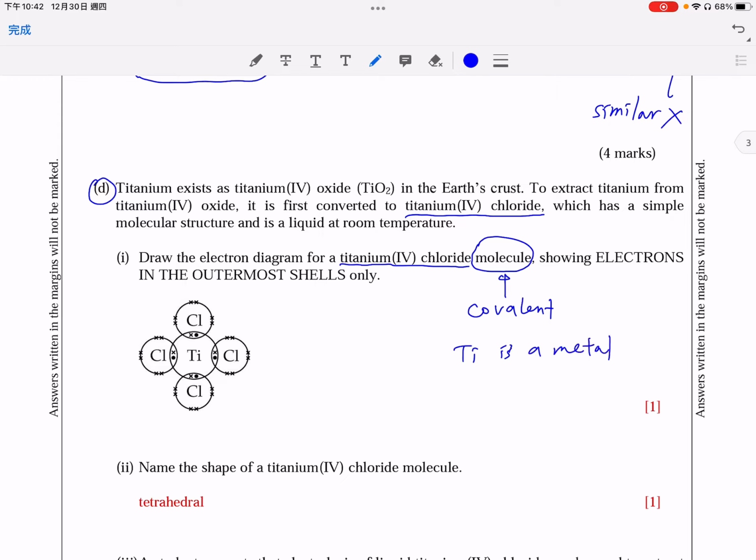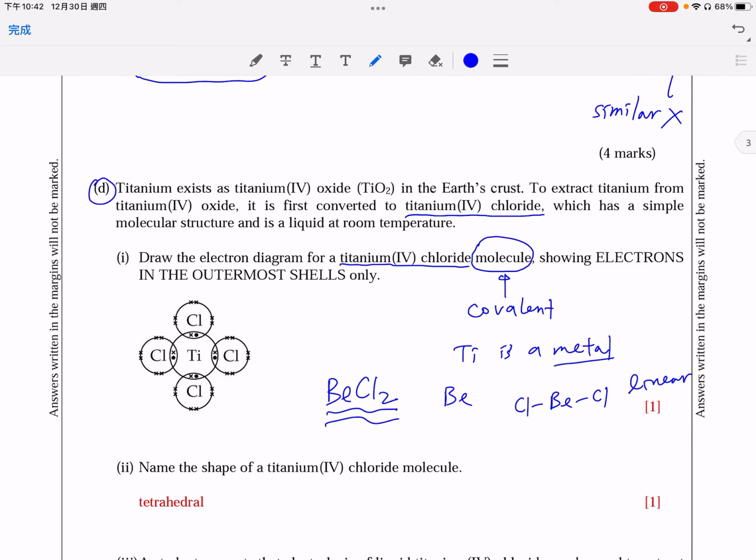Actually, you learn such an idea in the DSE syllabus. Do you know which topic? Did you learn BeCl2 before? In the topic Microscopic World 2, shape of molecules, something like that, okay? So BeCl2, of course, Be is also a metal. In that topic, you learned that BeCl2 is a linear molecule.